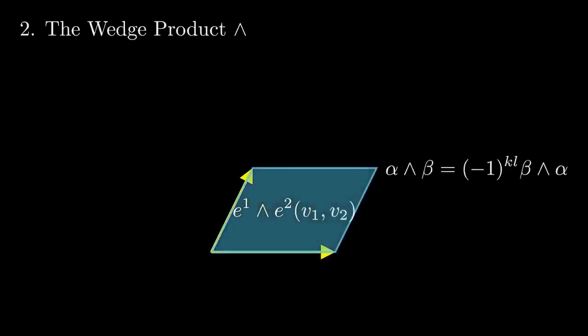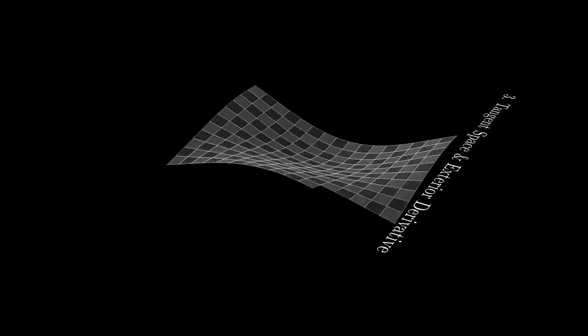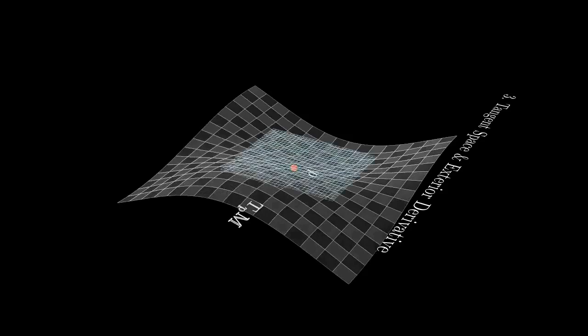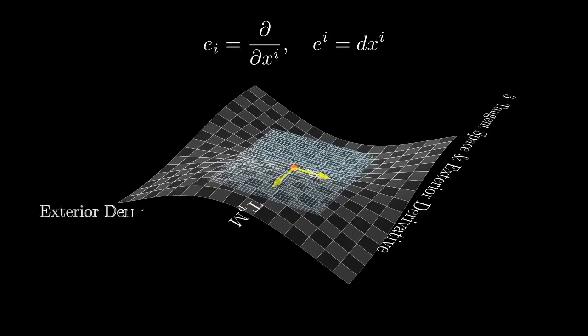We can combine vectors and covectors to get something else. This something else is called forms. In the tangent space we have these bases, and in the cotangent space we have E superscript, and E subscript is for the tangent space.